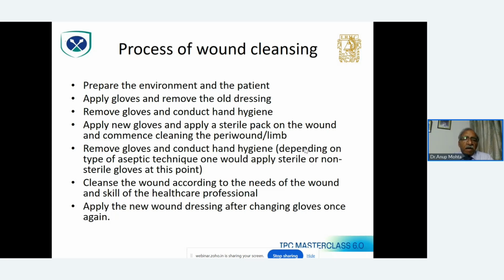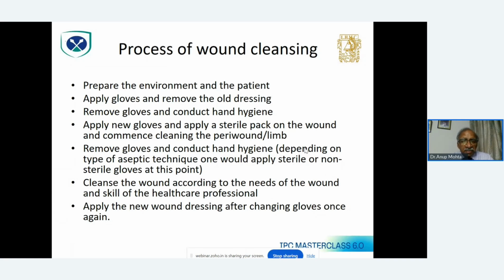After doing that, we are removing gloves again, conducting hand hygiene again, right? Then cleanse the wound according to the needs of the wound and skill of the healthcare professional. So you notice that we are using 3 pairs of gloves for each process of wound cleansing. That's how we don't allow external contaminants and bacteria to come into the wound.